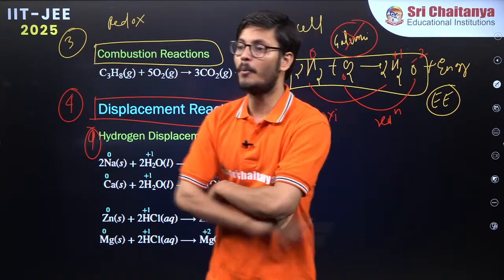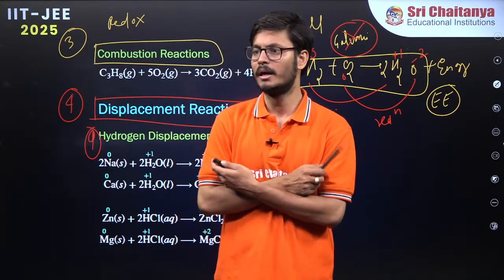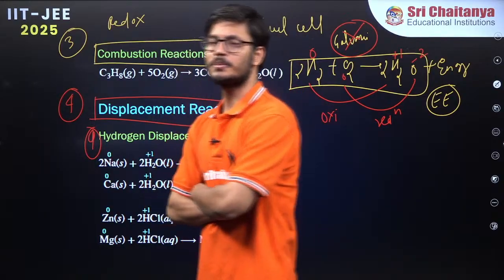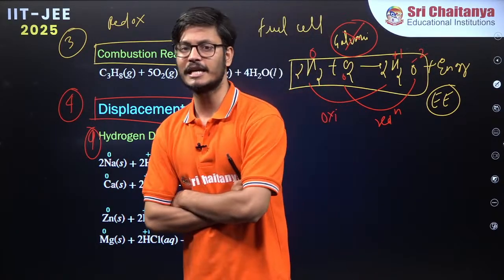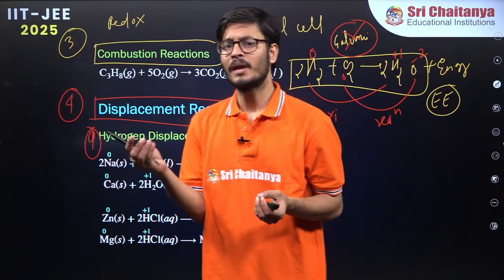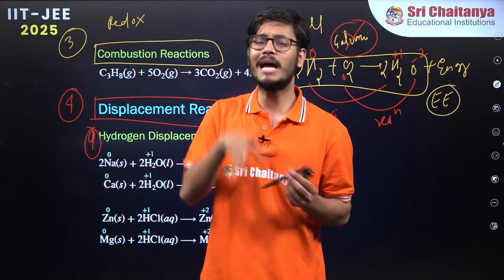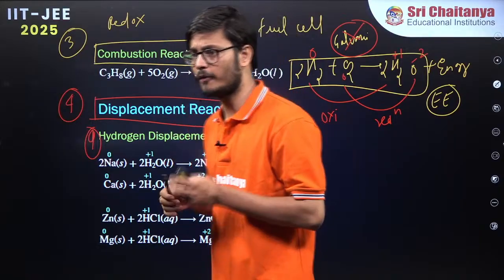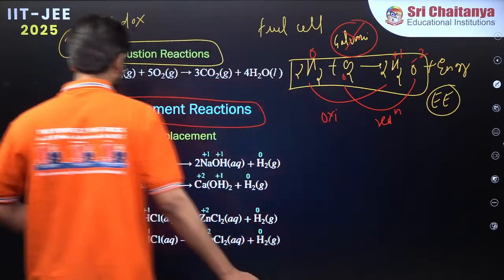There is an experiment, pop sound. Very good, Ganesh. Hydrogen gas, pop sound. Some of you, I think you have not done the experiment. When a metal reacts with an acid, it liberates hydrogen gas and a pop sound comes. It is a pop sound reaction.